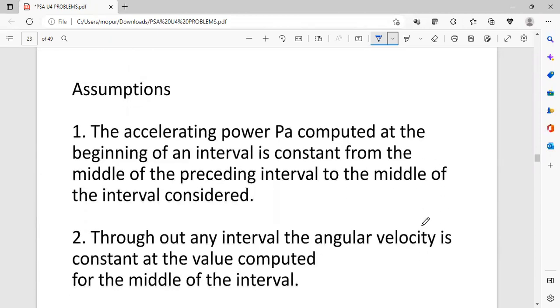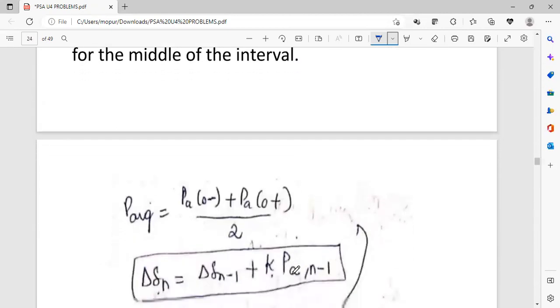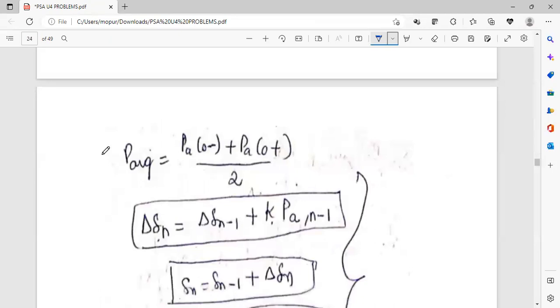The accelerating power PA computed at the beginning of the interval is constant. PA is constant from the middle of the preceding interval to the middle of the interval considered. Throughout any interval, the angular velocity is constant at the value computed for the middle of the interval.